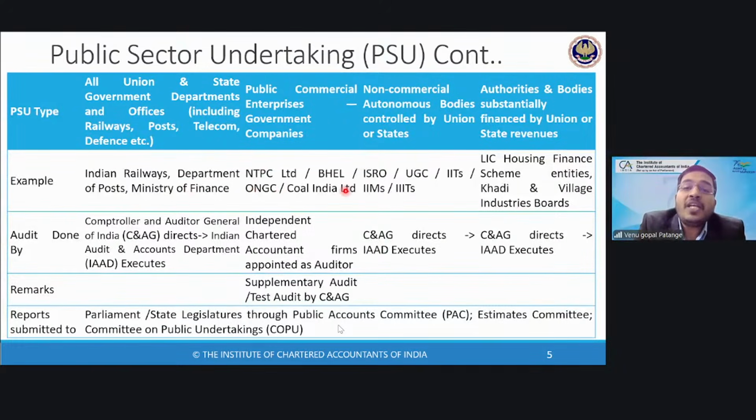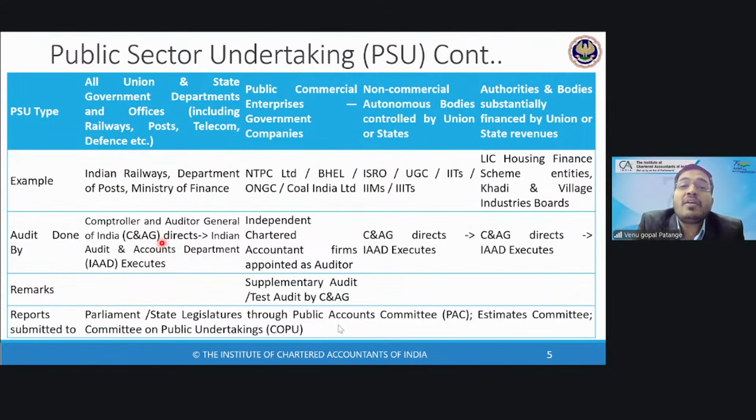The Supreme Audit Institution, SAI, is the Comptroller and Auditor General of India, C&AG. The Constitution has given power to C&AG to plan audit, to execute audit, to report the findings, to perform different types of audits on these public sector undertakings.